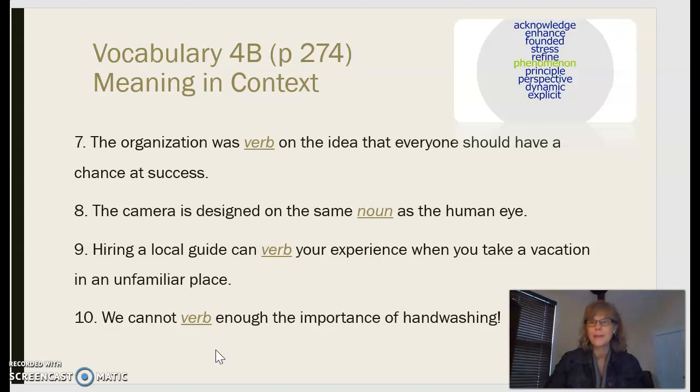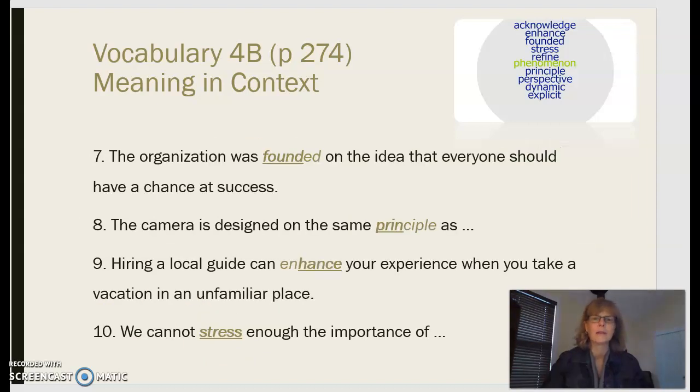And so this is a good place for the verb stress. We just cannot stress enough the importance of hand washing, is what I put in there. But this is a common way to use stress as a verb, right? We just can't stress enough the importance of something.